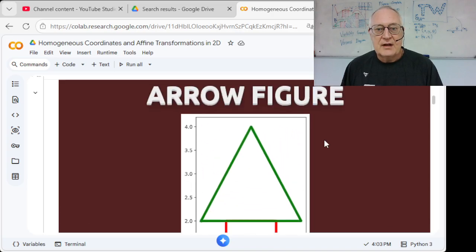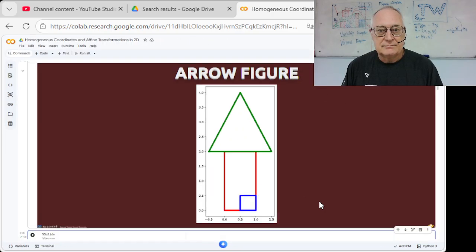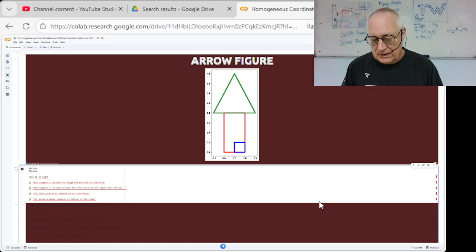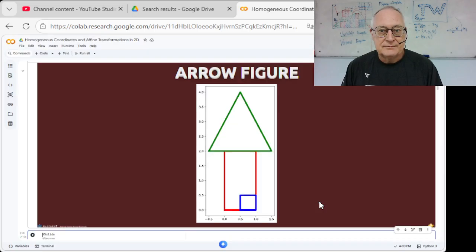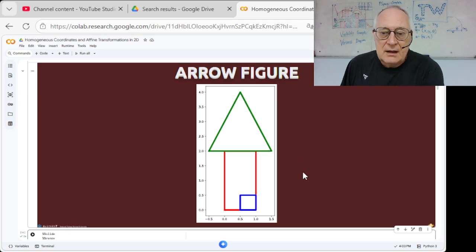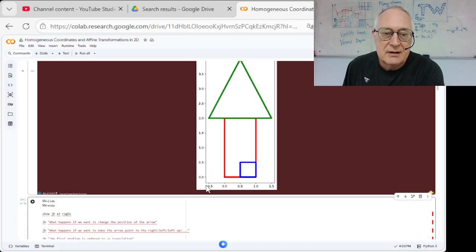So first, let's say that I have a figure, like this particular arrow here. And I now want to be able to draw that using Matplotlib, and that's quite straightforward. I just need to give the vertices and call the plot function and it will plot it.